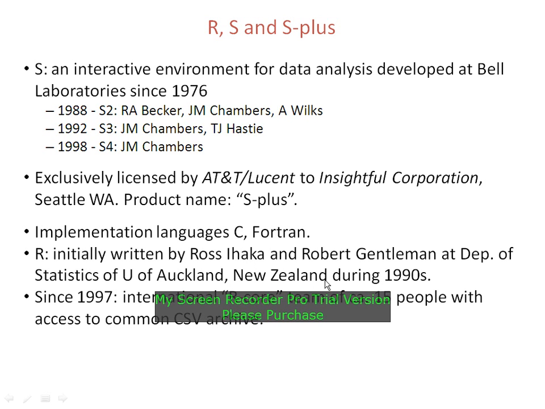Since 1997, the International R Core Team of 15 people has had access to the common CRAN archive. R commonly uses CRAN. The archive contains files in CSV format, similar to Excel and other formats.